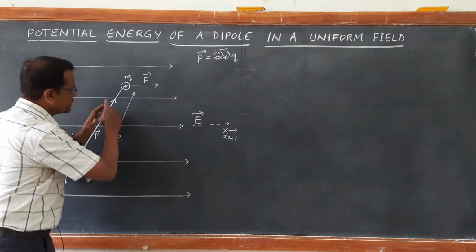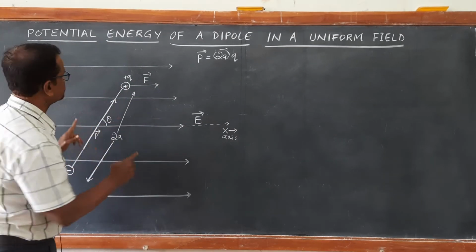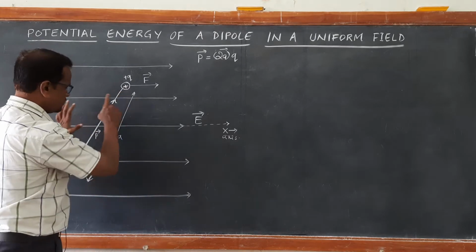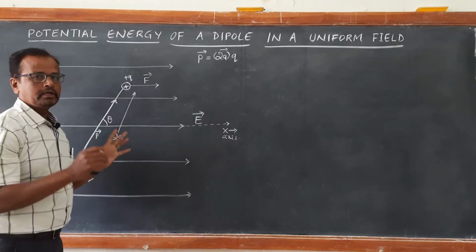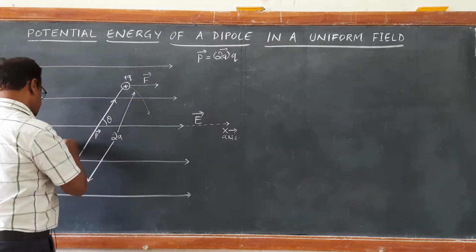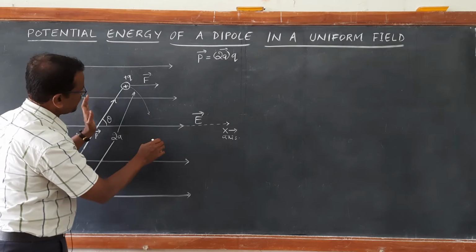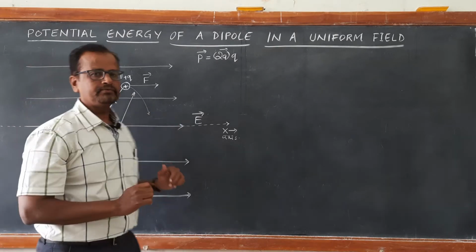As a result, when a pair of equal and opposite forces are acting on a dipole, it leads to a torque. And the tendency of this torque is to turn the dipole and align it along the direction of electric field.